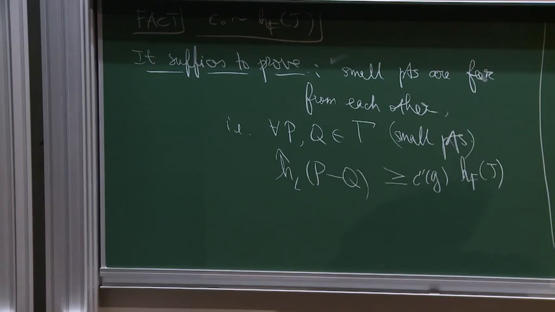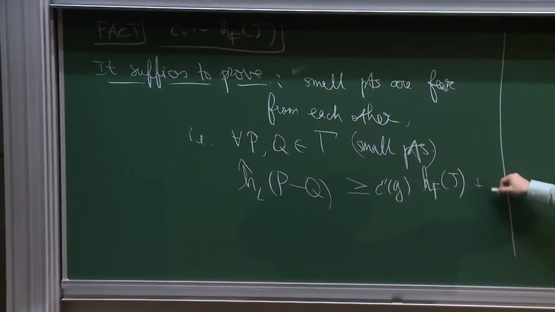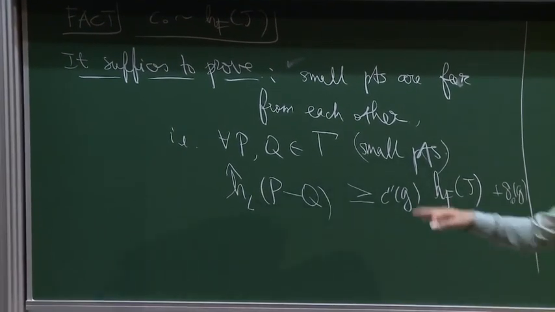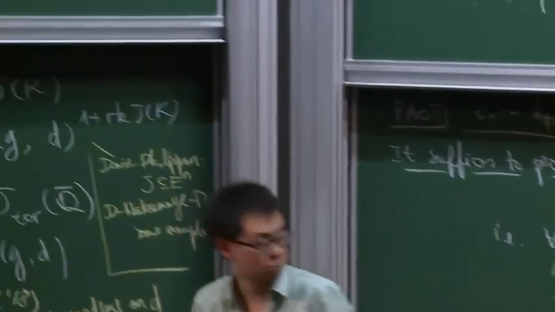And we cannot prove it for the moment, but we can prove it plus some number. Let's say delta_0(g). And this number is why we are restricted to the large curves.